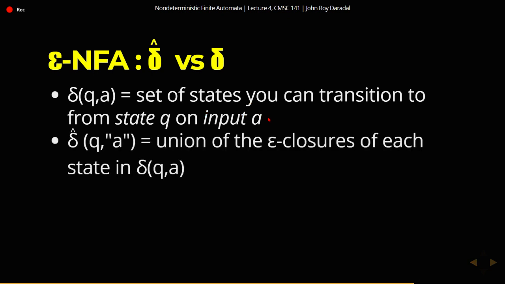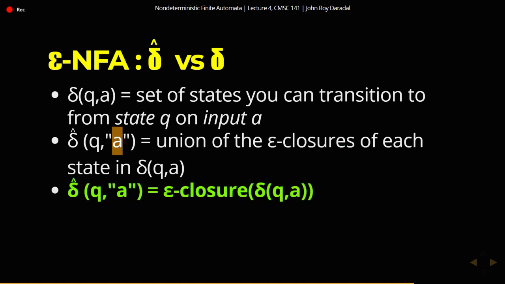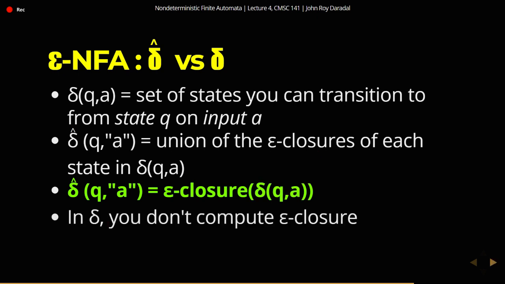But in delta hat of Q, processing string A, it's the union of the epsilon closures of each state in delta of Q, A. So you still take the epsilon closures because you allow epsilon transitions even with just a string A. Delta hat of Q, A is actually the epsilon closure of the set of states that you can reach from Q on A. But in delta of Q, A, you don't compute the epsilon closure because it's just the transition function. Here, it's extended. Since it's processing the string, you need to take the epsilon closure.